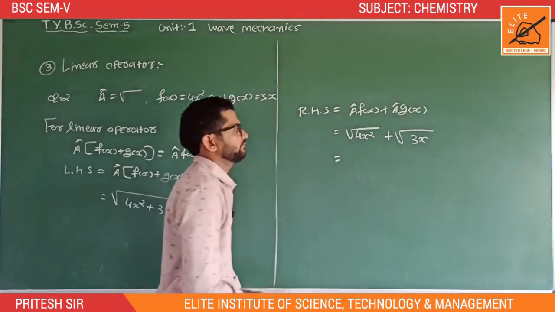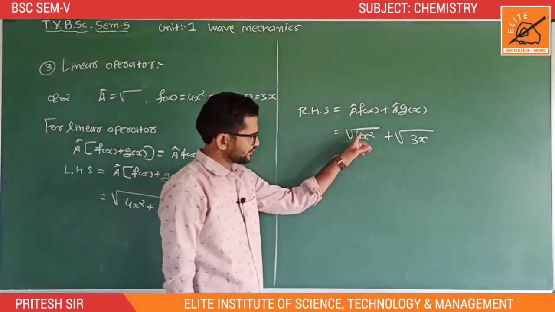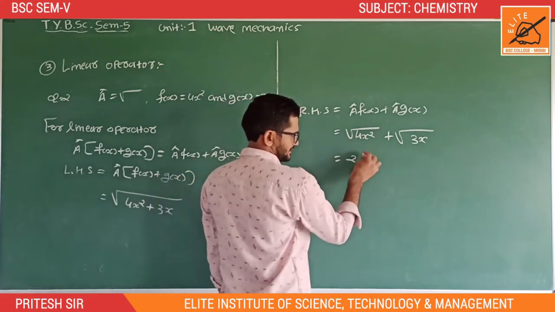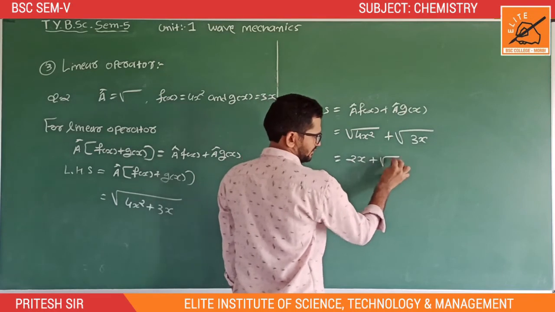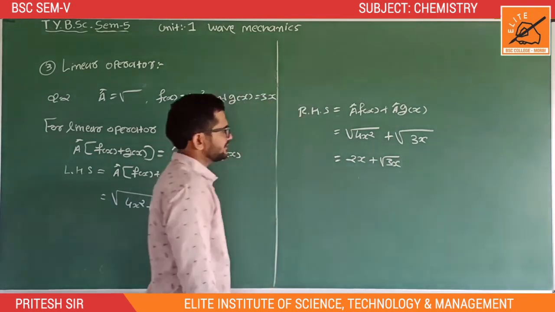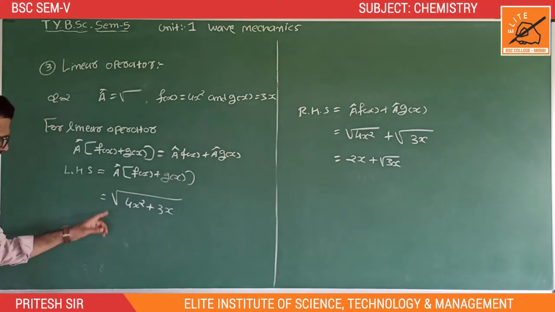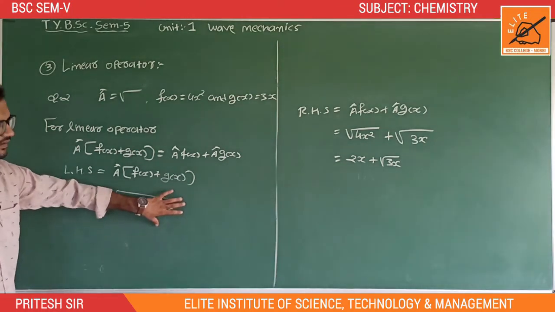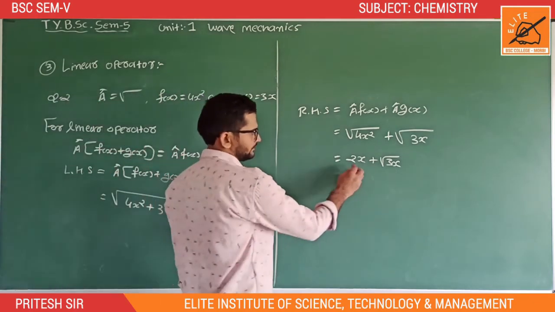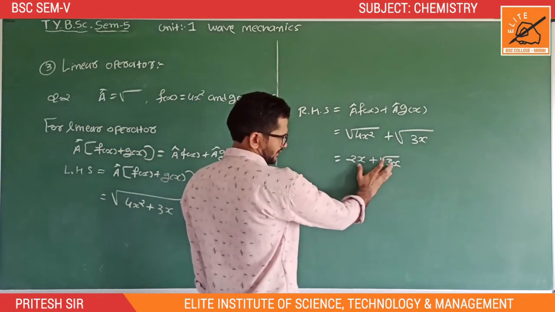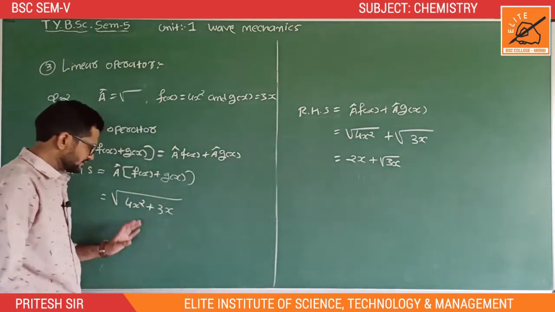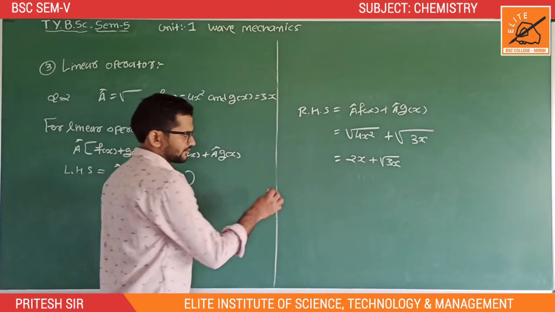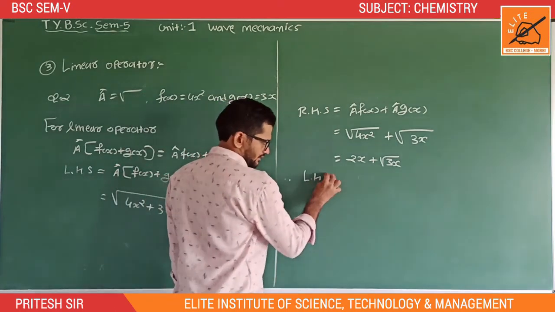Now the square root of 4 is 2, and the square root of x square is x, plus under root 3x. So the value of LHS is under root 4x square plus 3x, and the value of RHS is 2x plus under root 3x. It means the left hand side and right hand side are not equal.